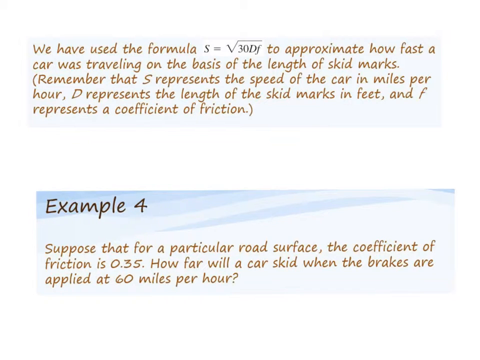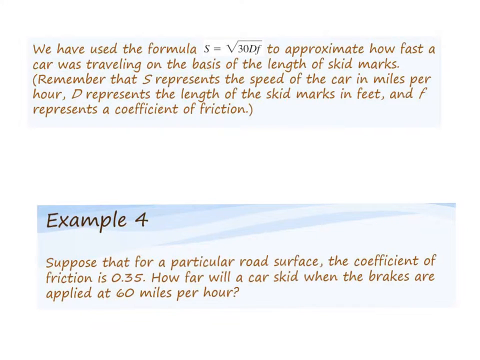the car. Well, we might rather want to be able to identify approximately how much distance we should leave between our car and the car in front of us in order to be able to stop in time not to hit the car in front of us. So we might instead want to determine D, the length of the skid.